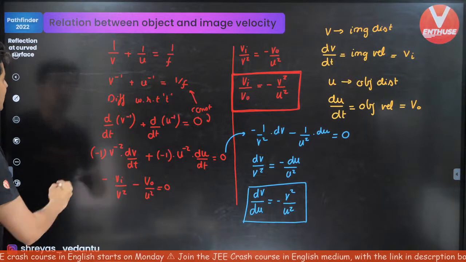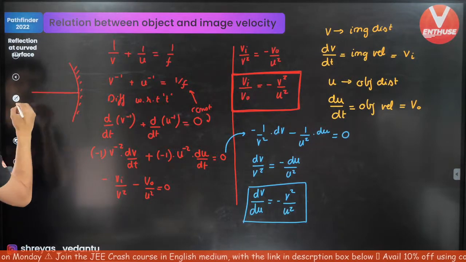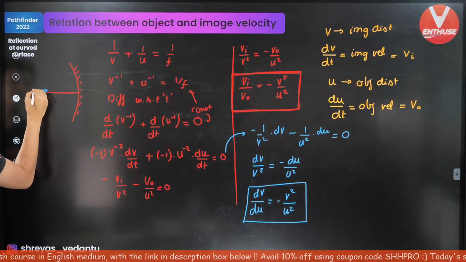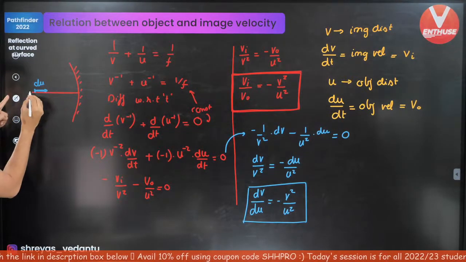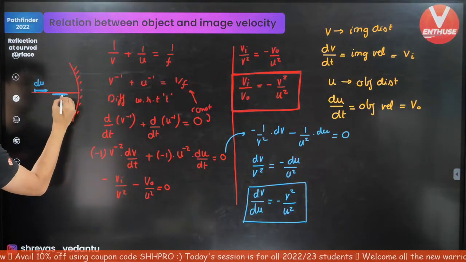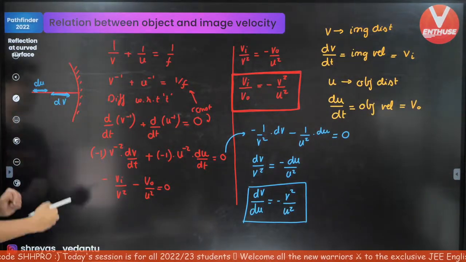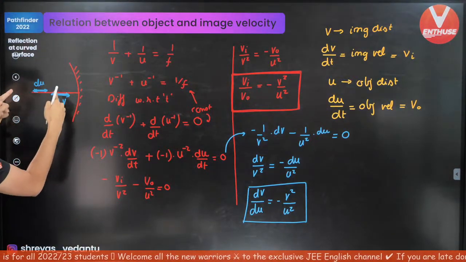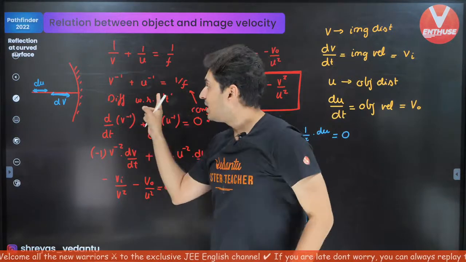Meaning that if you had a mirror, something like this, and there was an object measuring this much length du along the principal axis, then its image dv along the principal axis will look something like this. dv by du stands for the image width and object width along the principal axis, because u or v measures distance.